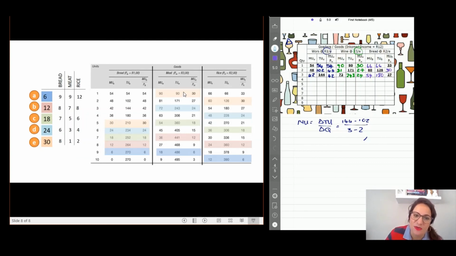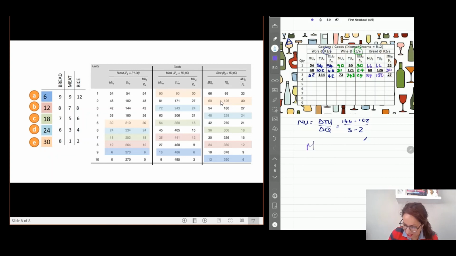So let's take this one, the 30. 5 times 1 is 5. 1 times 3 is 3. And 2 times 2 is 4. And that adds up to 12. So that is your combination. You will consume 5 units of the first product, 1 unit of the second product, and 2 units of the third product in order to get your basket of goods that fits with your income.